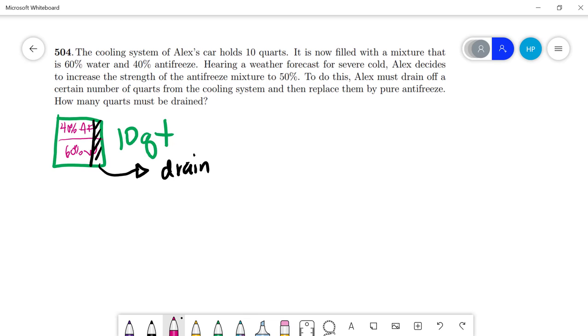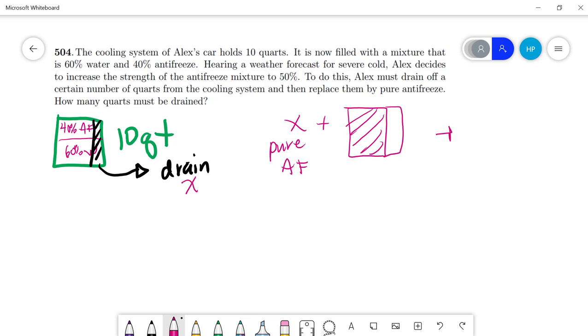However much we drain, and we decided to call that X in class, we add X quarts of pure antifreeze. And then we want to somehow end up with something that's 50% antifreeze and 50% water.